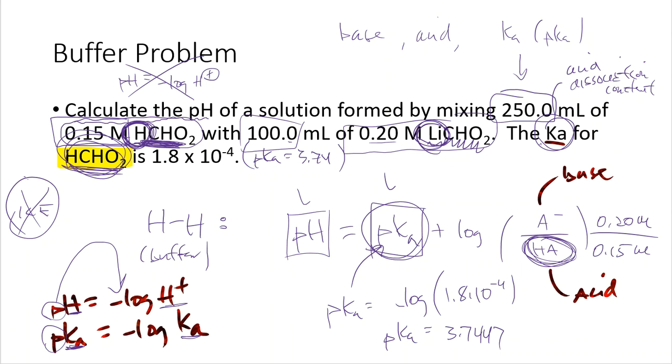So if this problem was reworded, and the problem gave me new numbers with a higher concentration of the base, then my pH would go higher than the pKa value. Because we're going more basic, because we have more base as far as concentration goes.